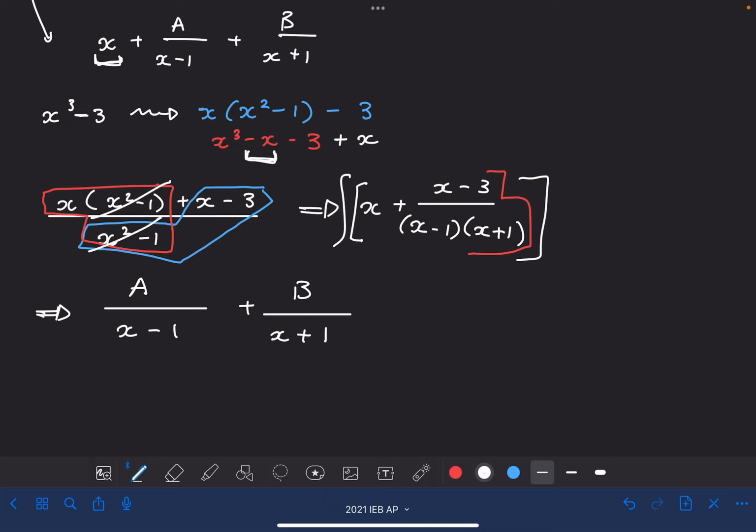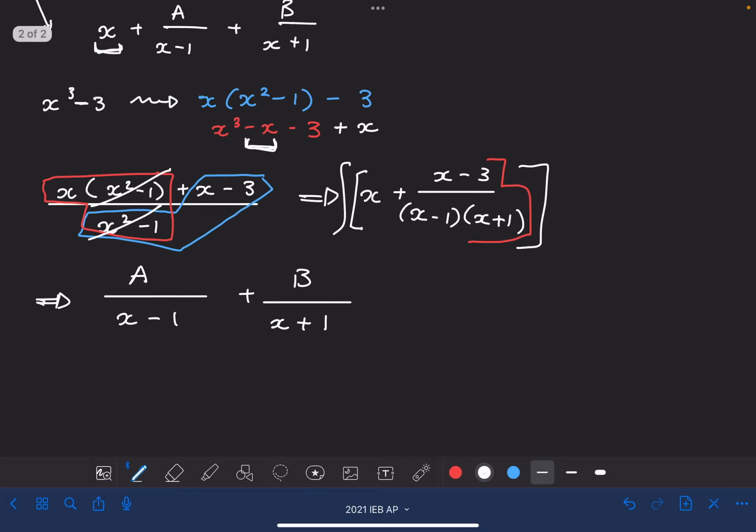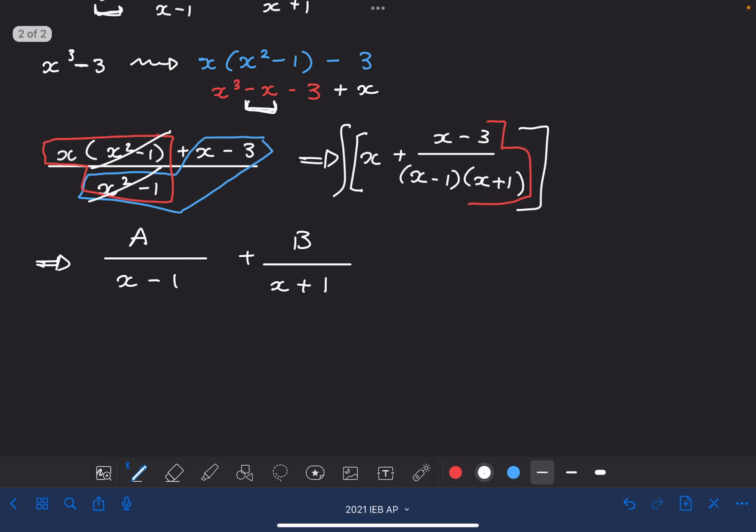So the way that we're going to get this is through the cover-up rule, as mentioned. In order to get a, we cover up that x minus 1, and we replace it by the number which makes the term 0. So what would make this term in the denominator 0? It would be 1.